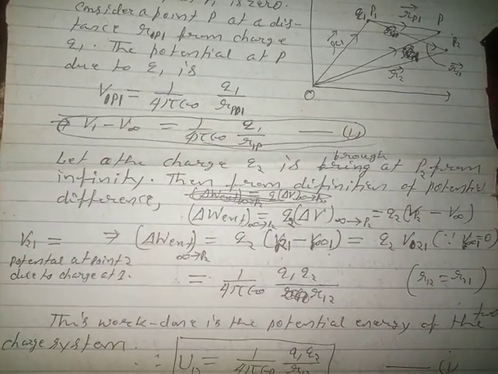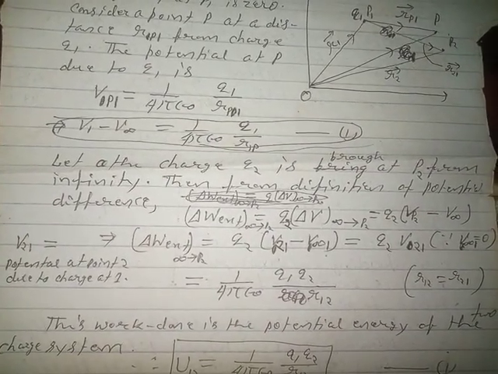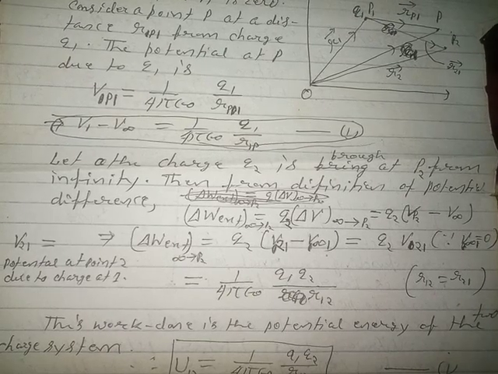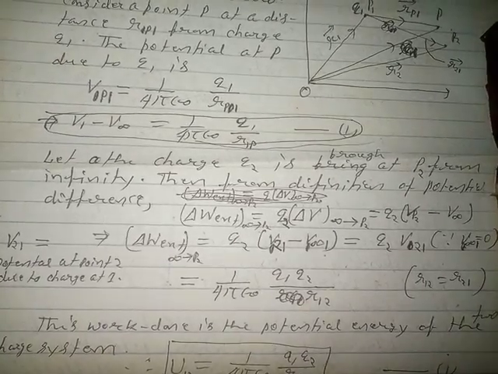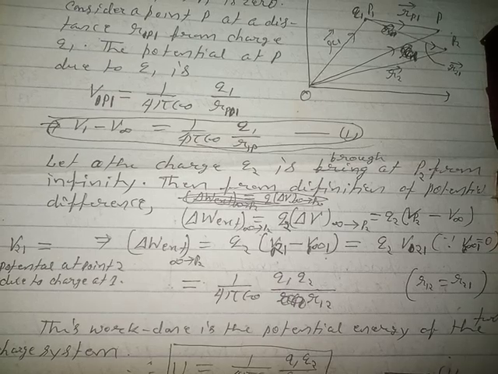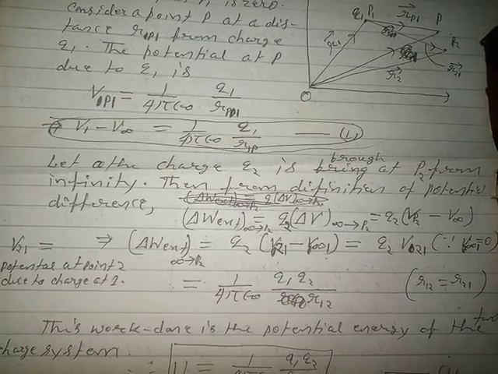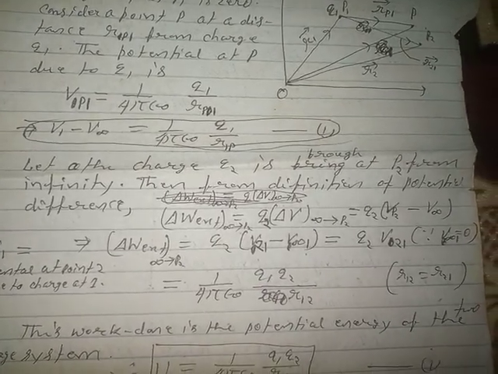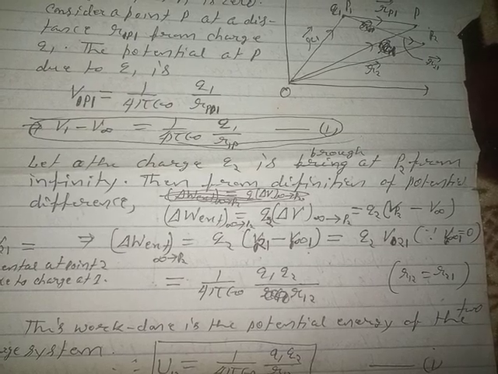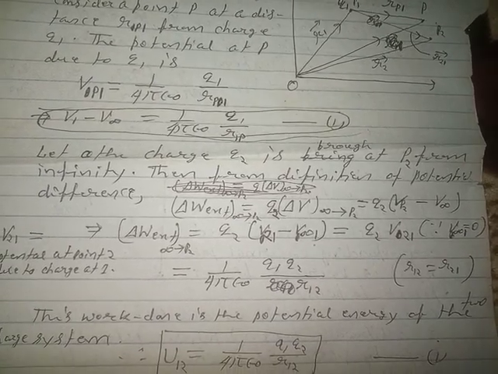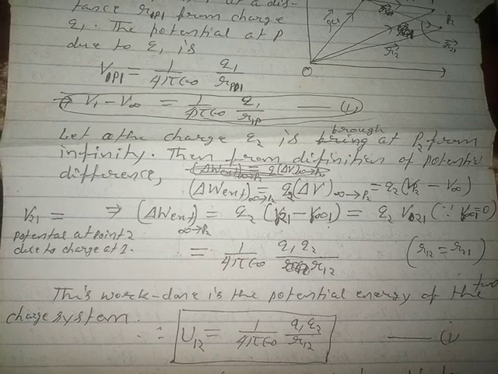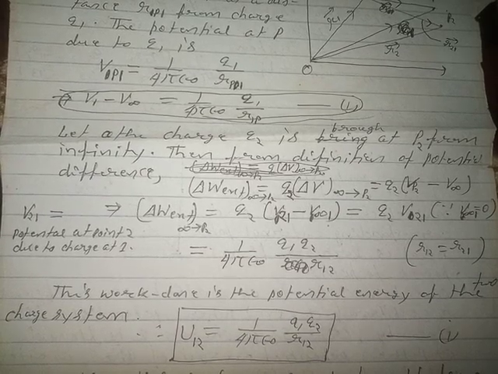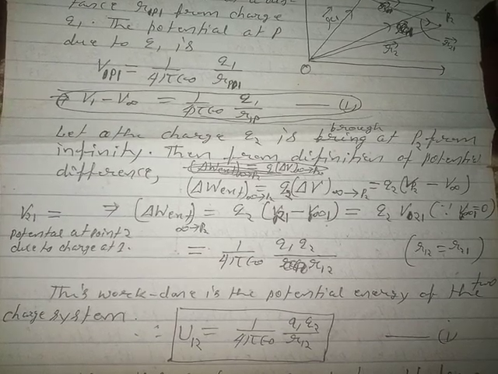This implies del W external infinity to P2 equals Q2 into Vp2 minus V infinity, or Q2 into V21, since V infinity equals 0. V21 equals the potential at point 2 due to the charge at 1.